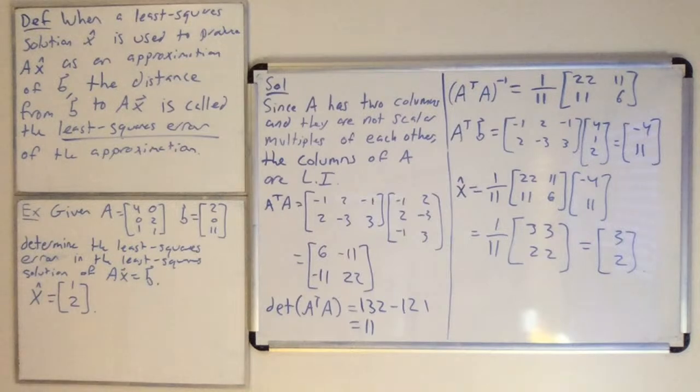So we found yesterday that 1, 2 was the solution of the least squares problem. So using this, let's find the least squares error.